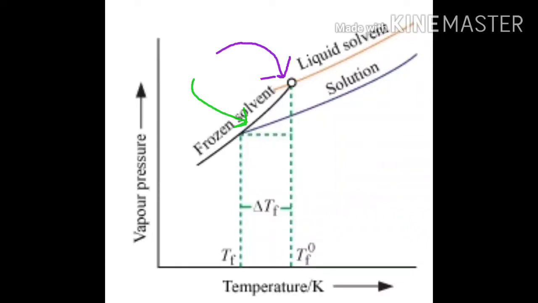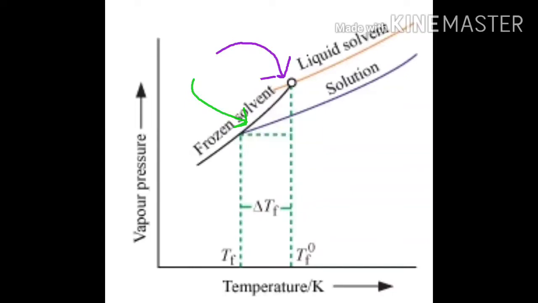Now with the two arrows, I am just showing two very important points. The purple one shows where the liquid solvent is intersecting with the frozen solvent. That means it is the freezing point of the pure solvent. And the green one suggests that the frozen solvent is intersecting the line of the solution, the vapor pressure of the solution. That means it is basically showing the freezing point of the solution after mixing with the solute.